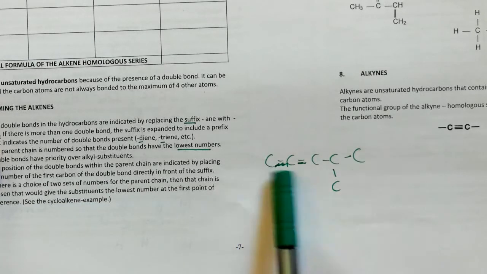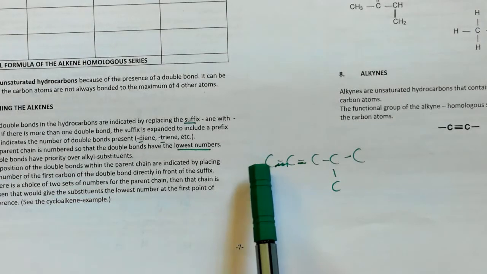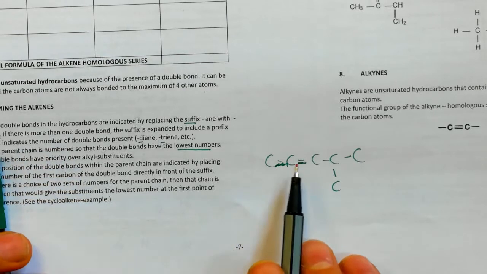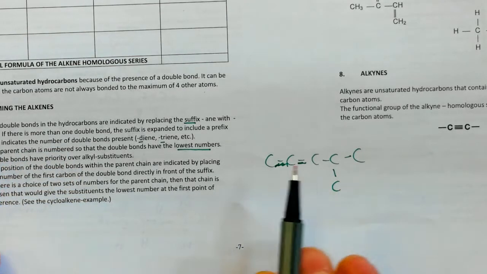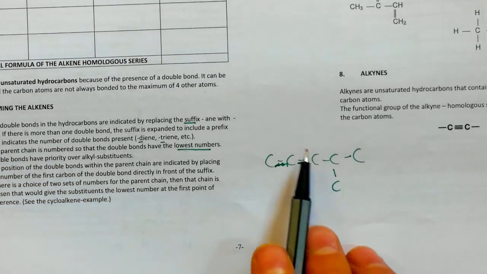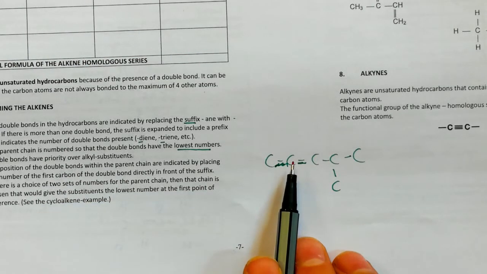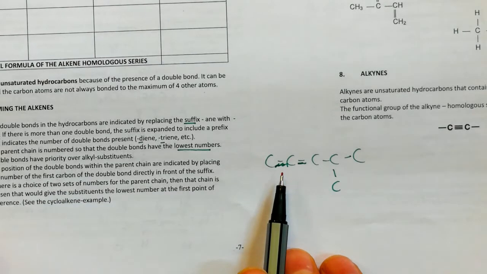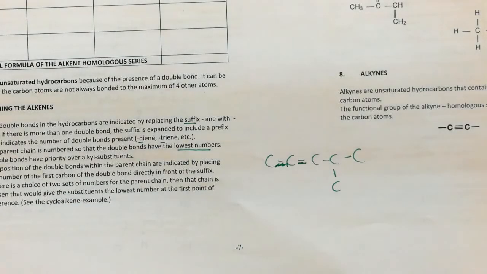You've got two options: you can either start numbering from the left or the right. We choose the numbering that gives the double bond the lowest number. We don't give preference to the methyl group. In this case, the first thing we look at is the double bond with the lowest number. Otherwise, it's the wrong name.